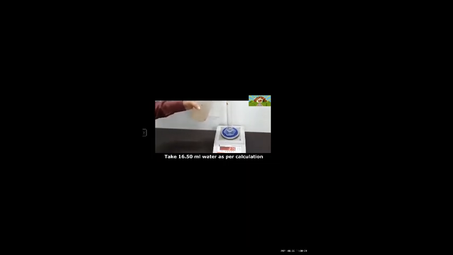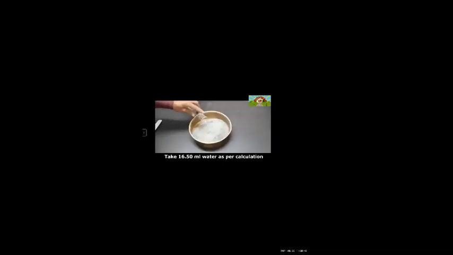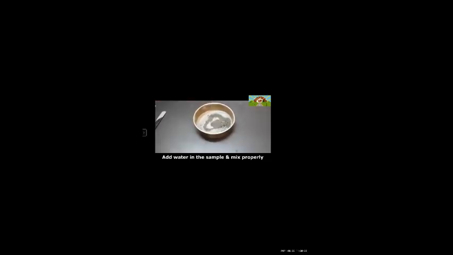In terms of volume, 16.5 ml of water is taken for this test. First step, mix the water thoroughly with the help of a spatula.